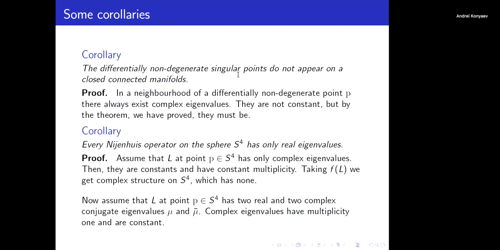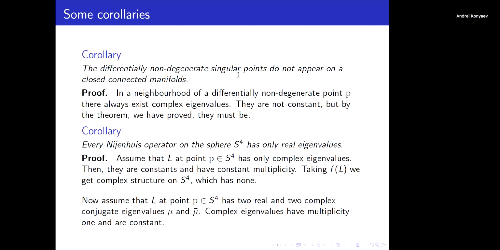Another corollary is way more interesting. It deals with the so-called four-dimensional spheres. It is an important proof of concept, because we say that this theorem we proved is really nice, but what restrictions does it put on the Nijenhuis geometries of different manifolds? Because actually, each manifold can be equipped with a Nijenhuis operator, a trivial one.